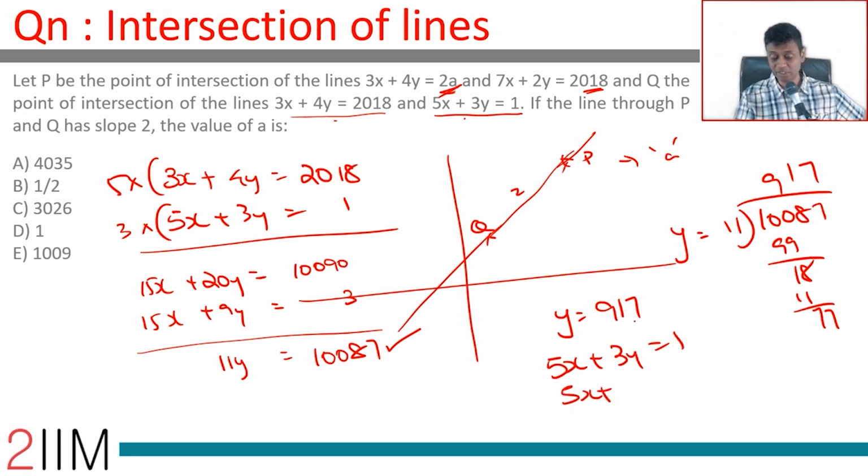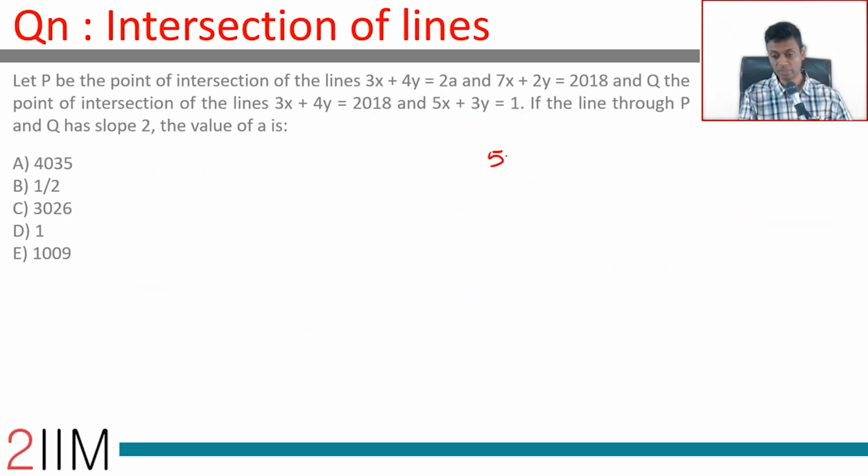5x plus 3y is 1, so 5x plus 3 into 917. 3 sevens are 21, and so on, giving 2751. So 5x plus 2751 equals 1, or 5x equals minus 2750. X equals, divide this by 5, minus 550.